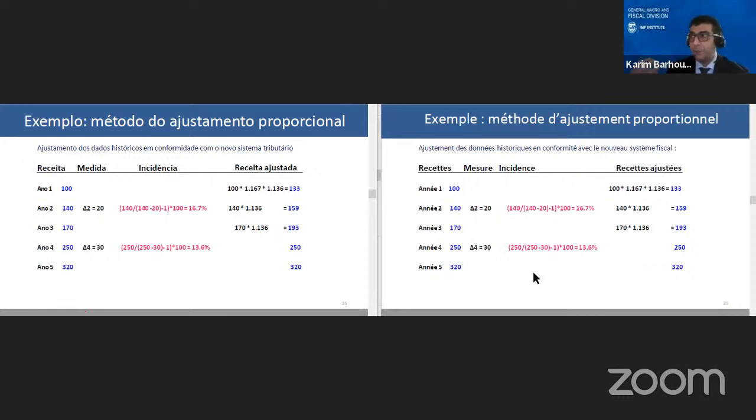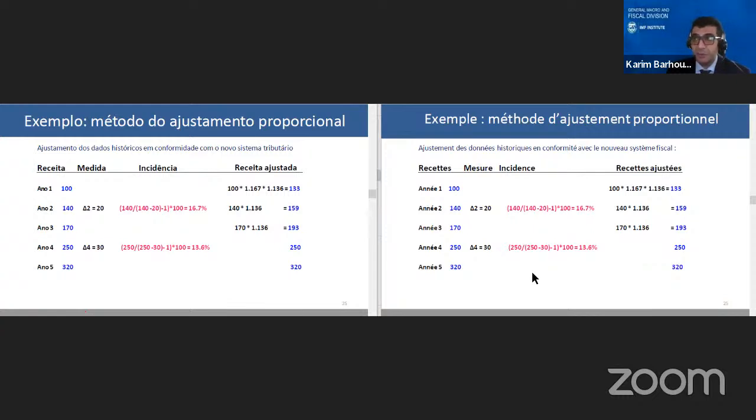Now, how are you going to adjust? Remember, we are saying that if both discretionary actions had been taken at the beginning of the data period, the revenue series would have become as follows, because you have to adjust: what happened later should have happened in previous years. So here, the 13.6% should be applied to the revenue in year 3.